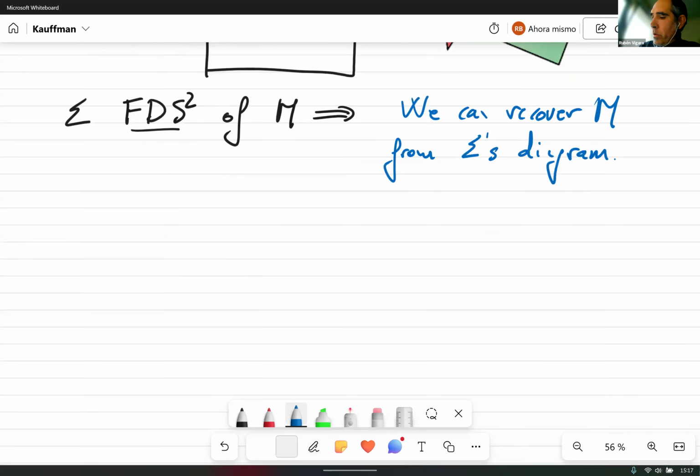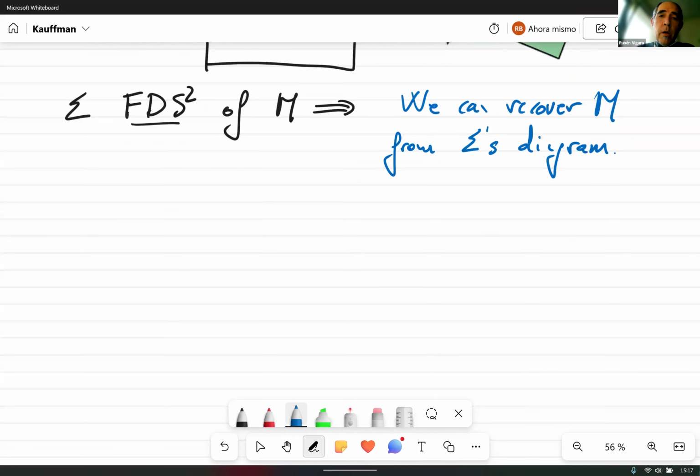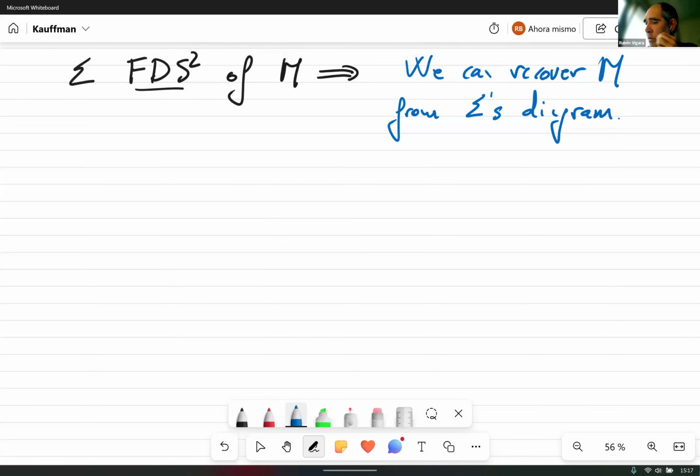So some results came after this original result from Montesinos. Some time after this, we obtained a set of moves for filling Dehn spheres.